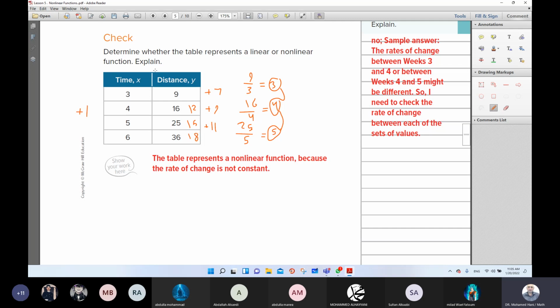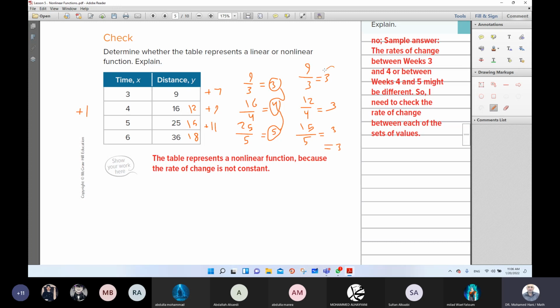Now find the slope here. The slope, y over x, or rise over run. The slope here 9 over 3 equals 3. The slope here 12 over 4 equals 3. The slope here 15 over 5 equals 3. And the slope here 18 over 6 also 3.